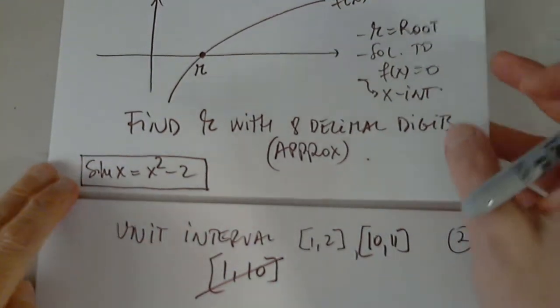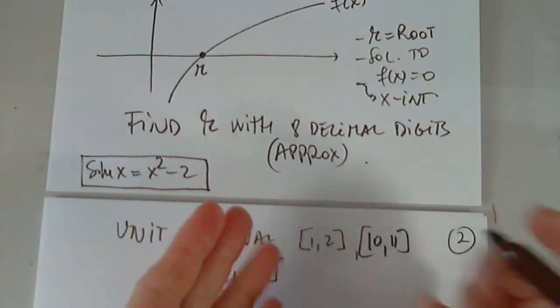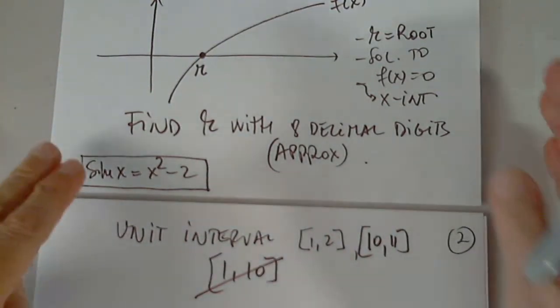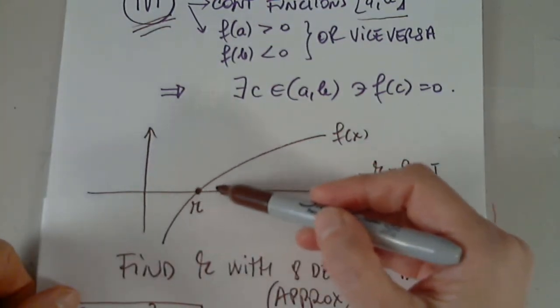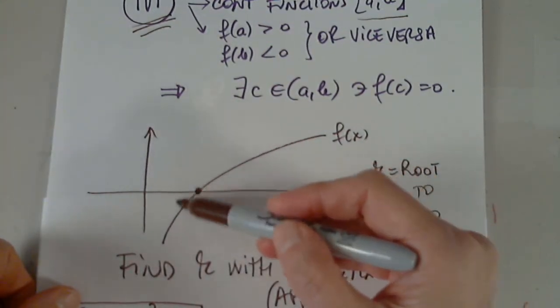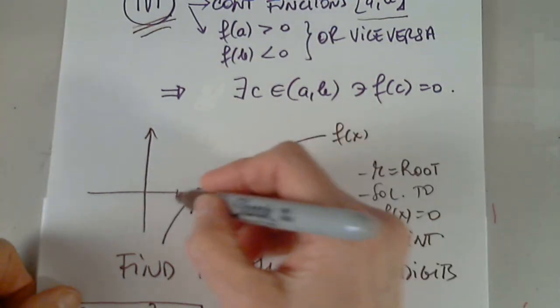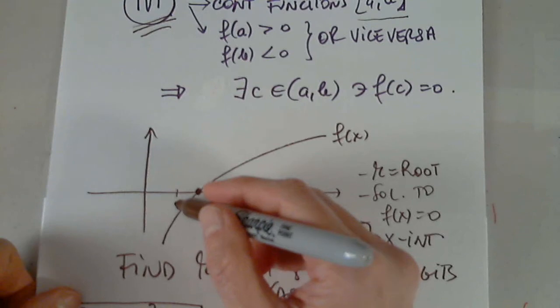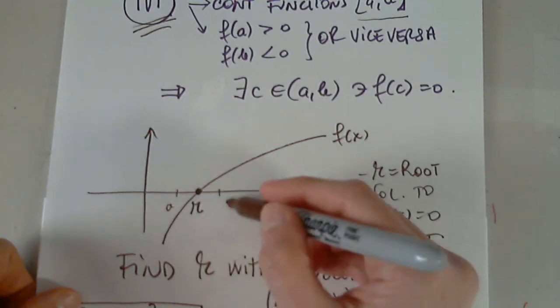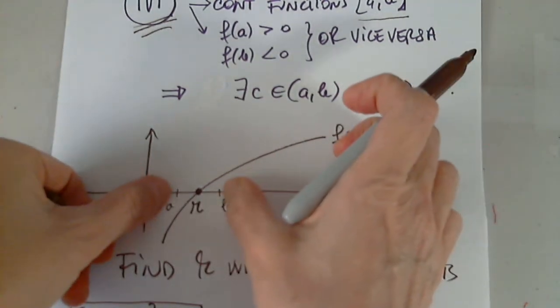So assuming, can you go even lower? Yes, but not more than 1 unit. So it's recommended. So let's suppose I already have that interval. So let's say we know that the function has a solution between, let's say, this number a and this number b, and this is a unit interval.